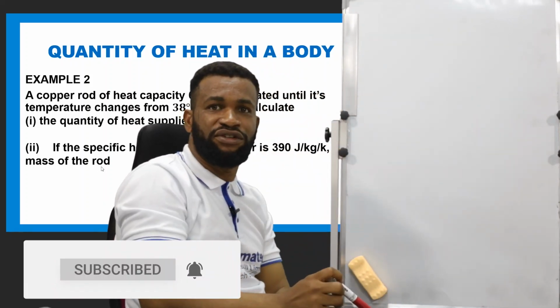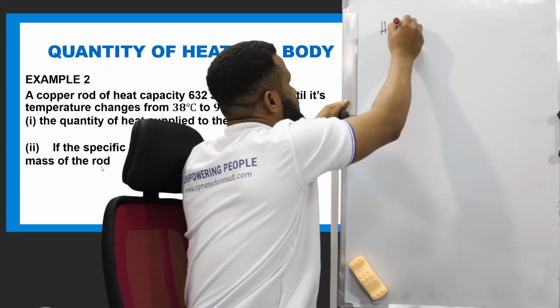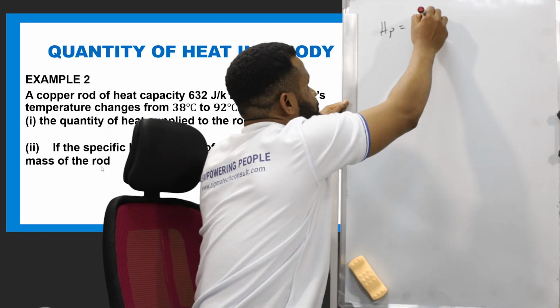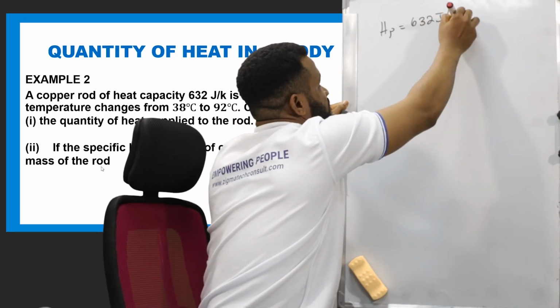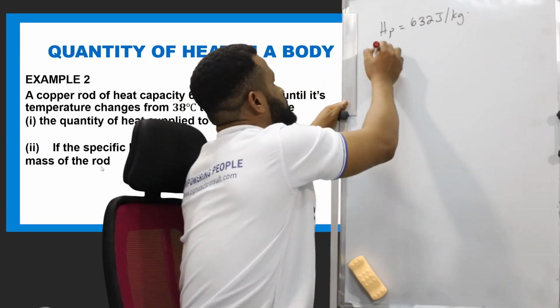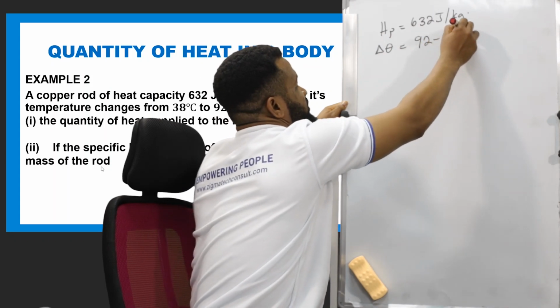So in this question, heat capacity, HP, is given as 632 joules per kelvin. The change in temperature is 92 minus 38 degrees Celsius.